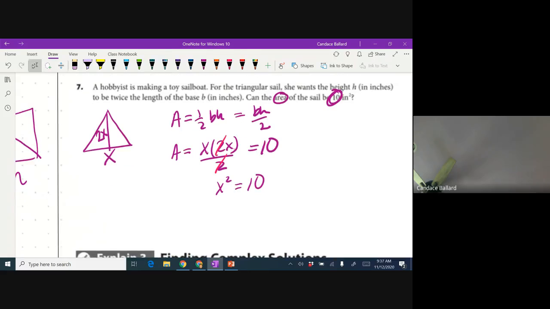Now, we're going to still apply our discriminant rules to this, even though it's one where we would just take the square root of both sides to solve, right? I am going to, because of the nature of the problem, subtract the 10 to the other side. And notice I left a big fat space in there, because in order to use the discriminant, I need an A value, a B value, and a C value.